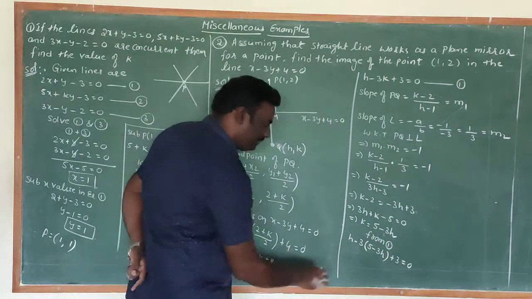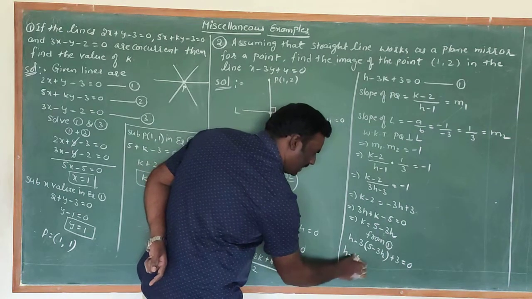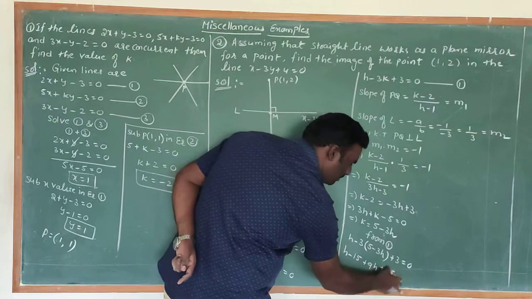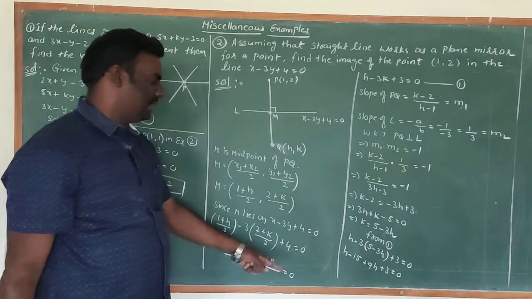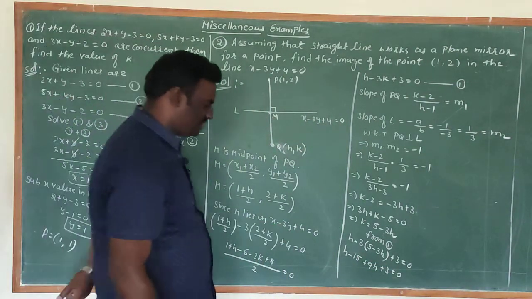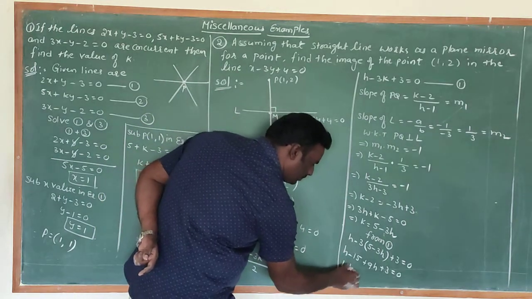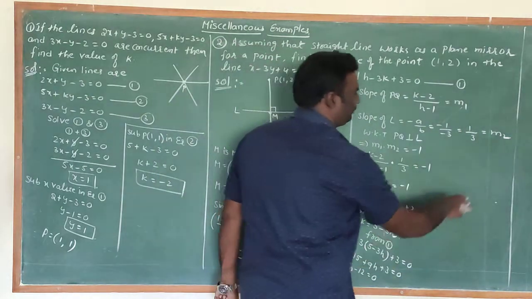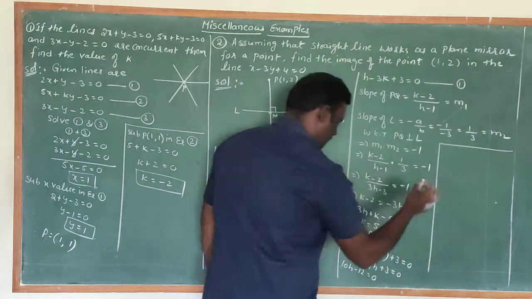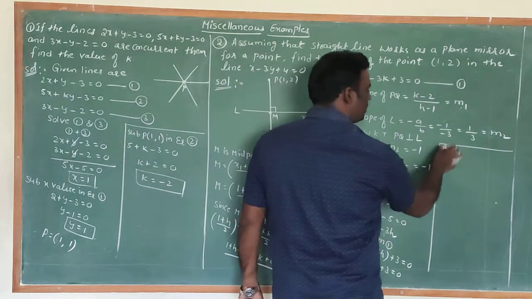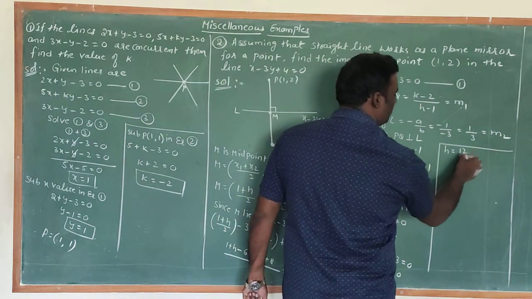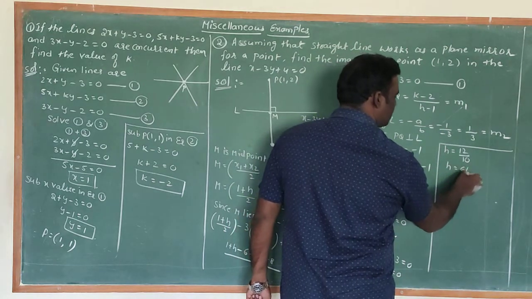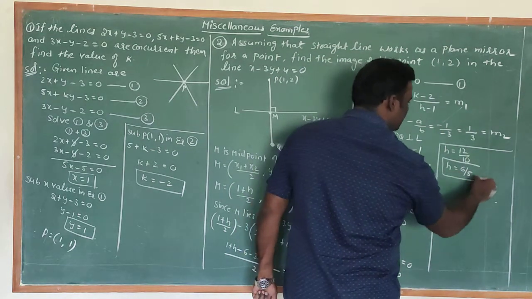Now simplify, h minus 15 plus 9h plus 3 equals to 0. 9h plus h, 10h minus 12 equals to 0. So from this we can write h is equal to 12 by 10. Then you will get h is equal to 6 by 5. This is the h value.